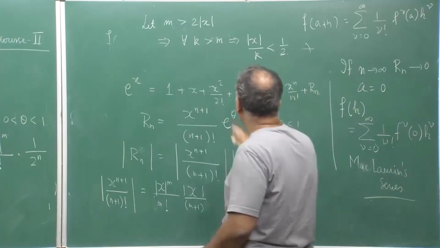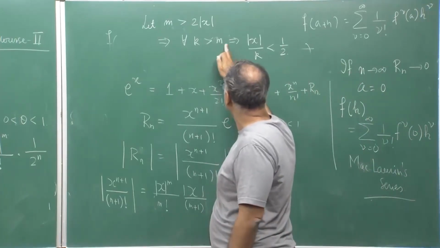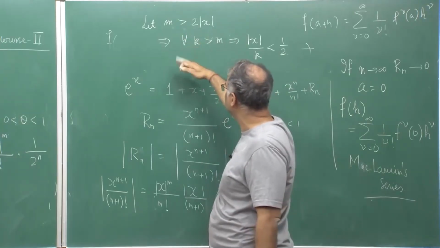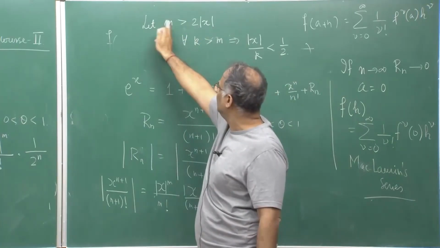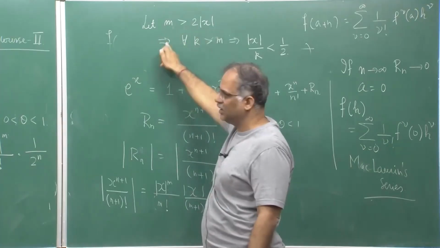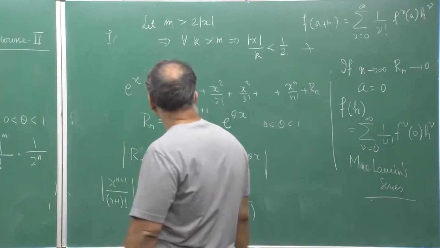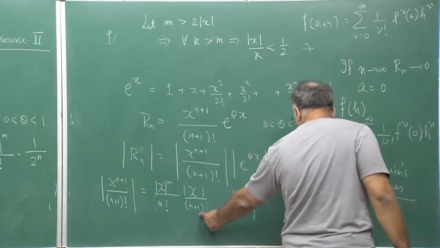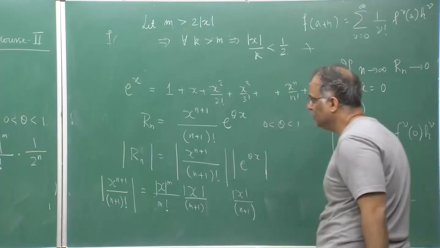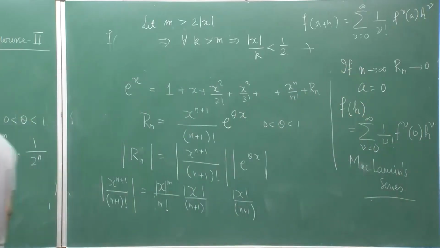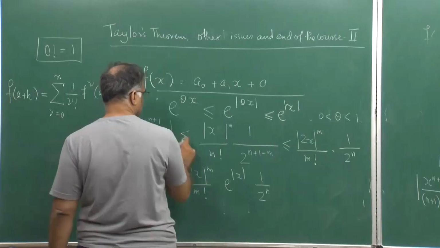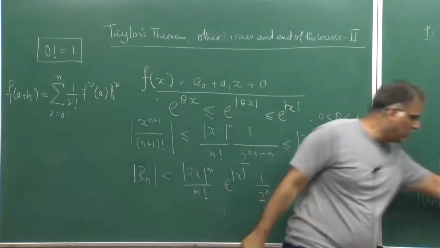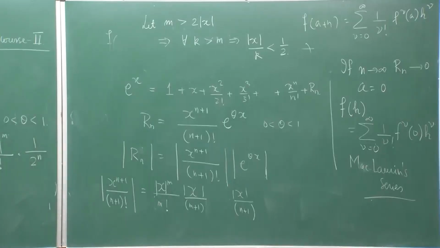Then for any k bigger than m, mod x by k would be strictly less than half. So this is less than half, this is less than half, up to this less than half. Here, x to the power m by m factorial, and each of the other factors is less than half, and there are n plus 1 minus m such quantities.